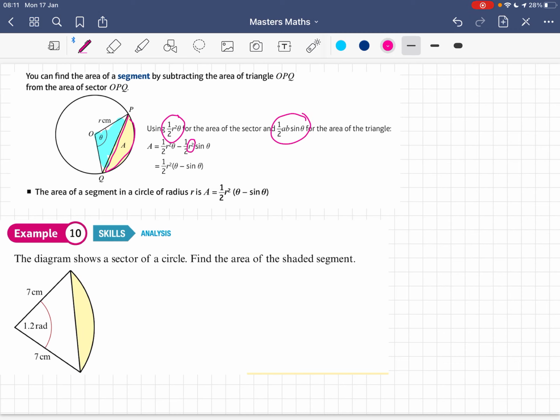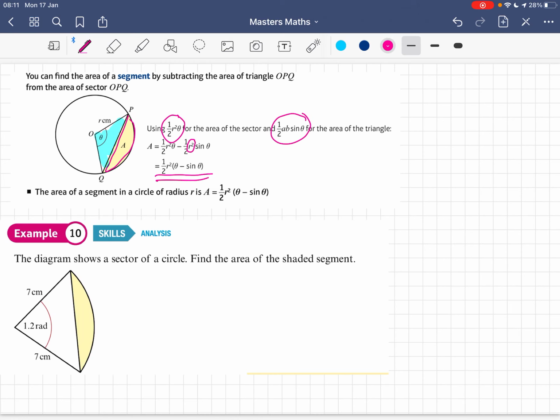So the area of the sector, a half r squared theta, minus the area of the triangle, a half r squared sin theta. And if we do a little bit of rearranging and factorising there, we get this quite neat little formula, a half r squared, theta minus sin theta inside the bracket.